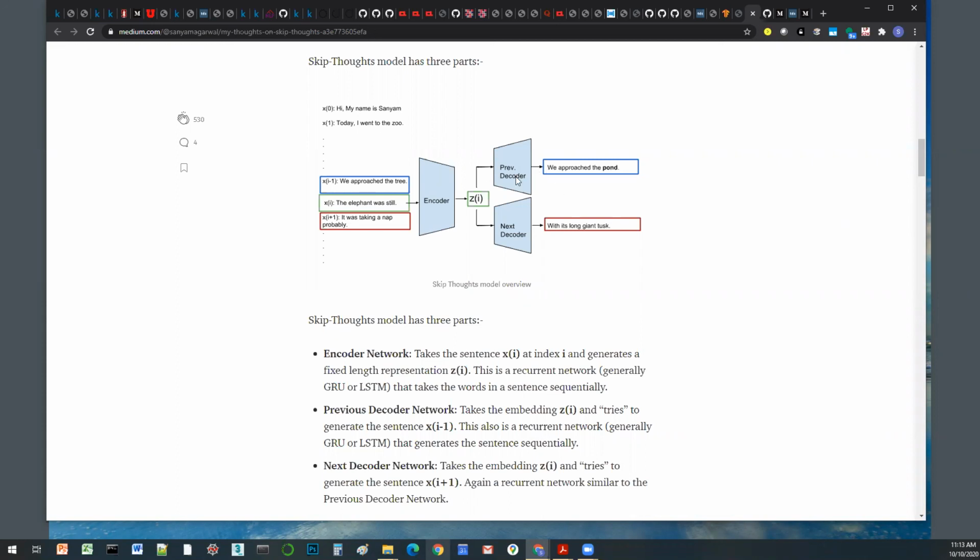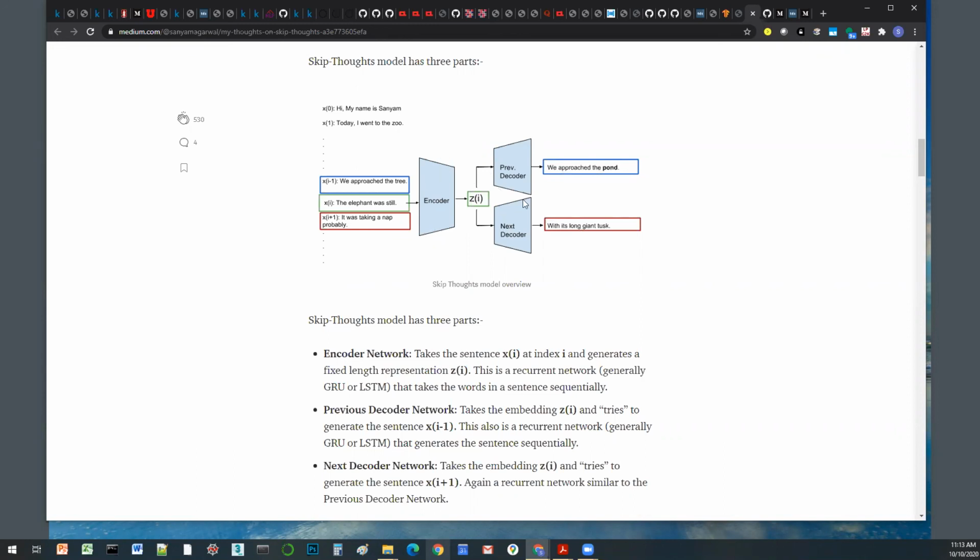And obviously this whole thing is trained by a loss and then propagating it back. But that's how you get the encoder to become smart enough to encode the meaning of the sentence in ZI, such that this decoder is able to predict the words in the previous sentence, and the next decoder is able to predict the words in the next sentence.